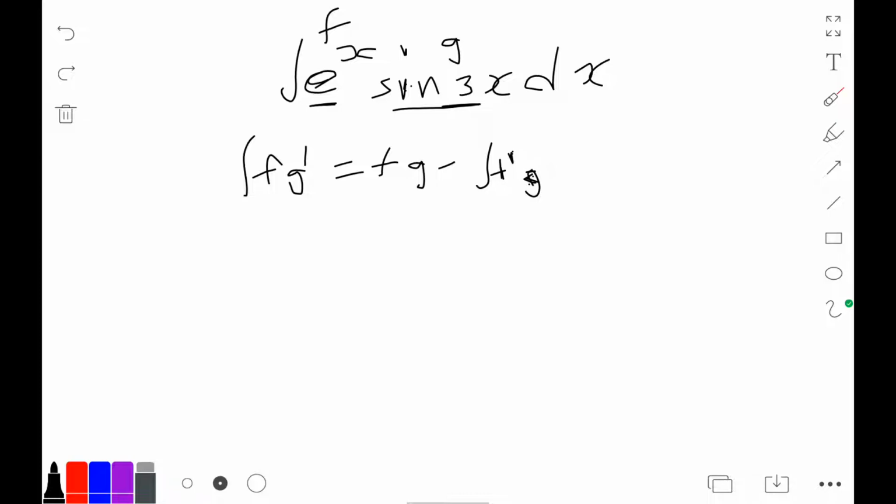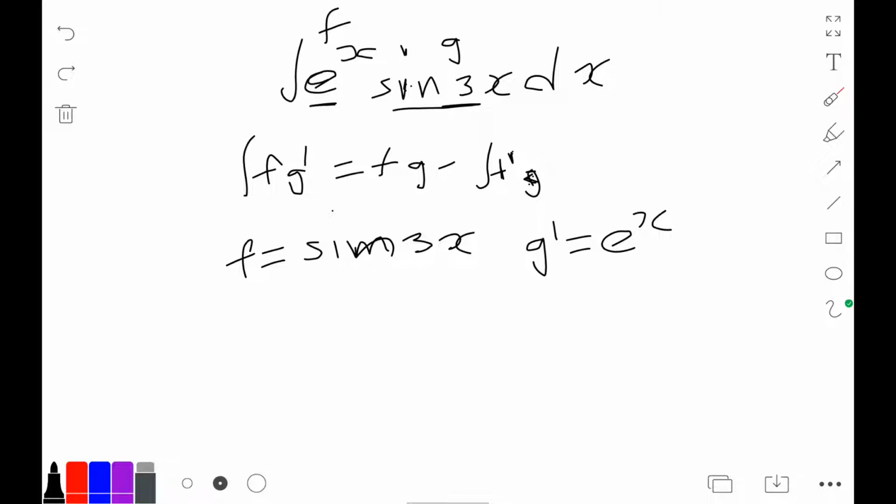Now when we use this formula, we are going to substitute our f. We can say f equals sine 3x, which means for g prime we're going to choose e to the power x, because when you integrate it, your g is still e to the power x.